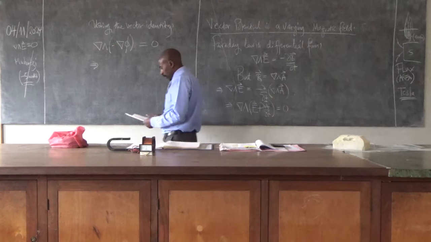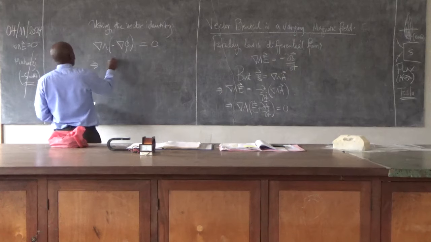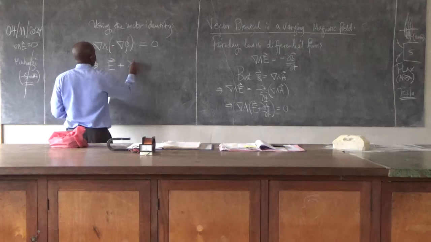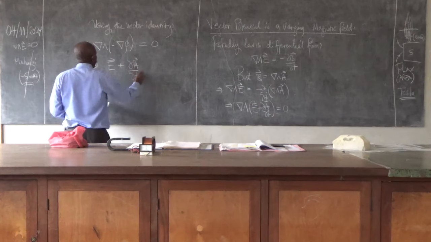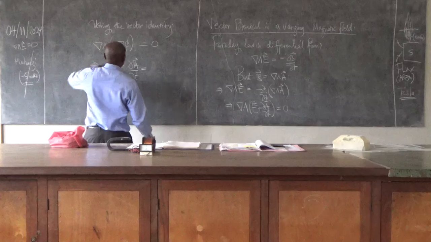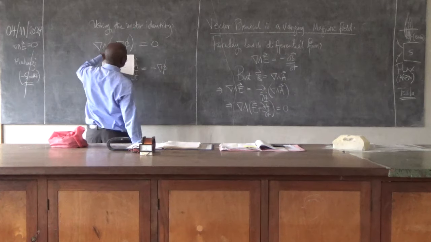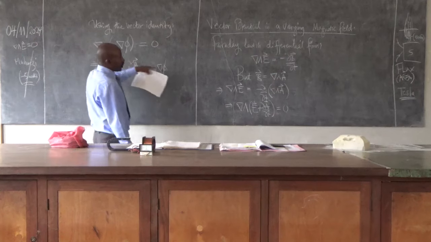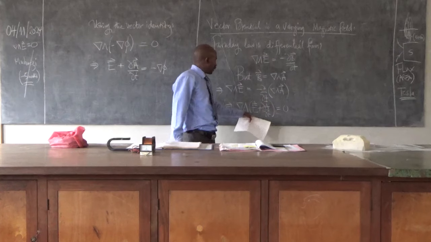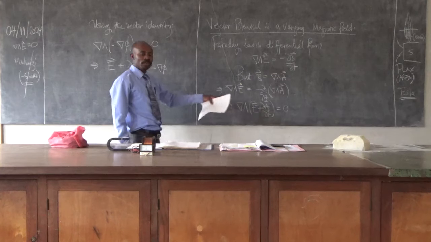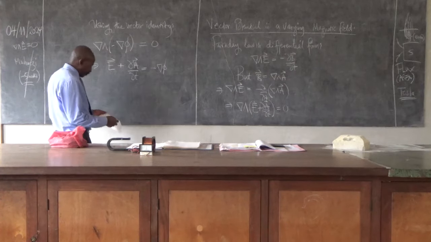So the E plus ∂A/∂t would be equal to this one here, minus phi. Because we compare this identity with this equation here, what is inside here that equated to 0, since both have the curl, the two would be the same.